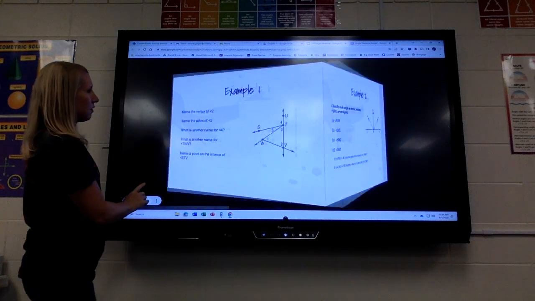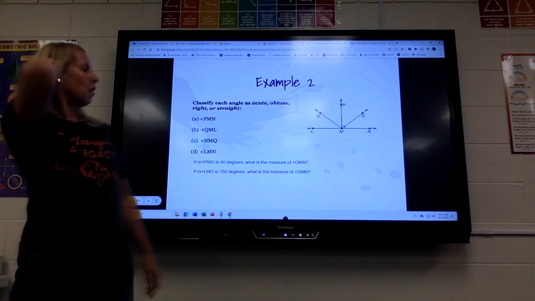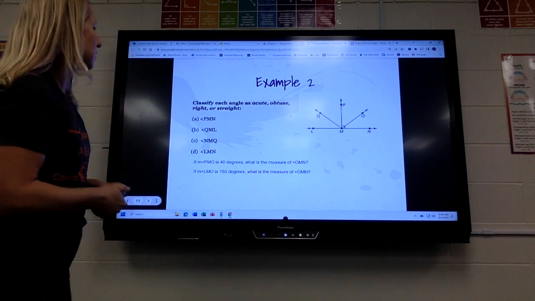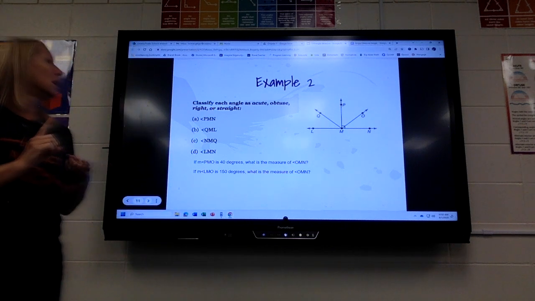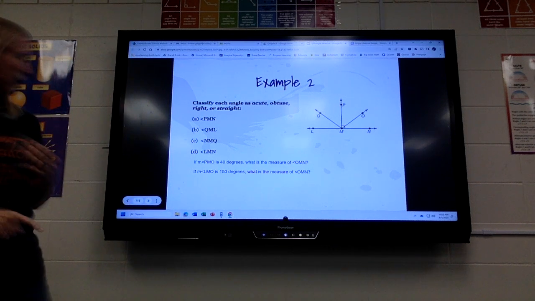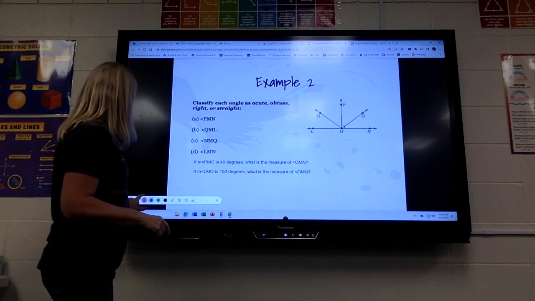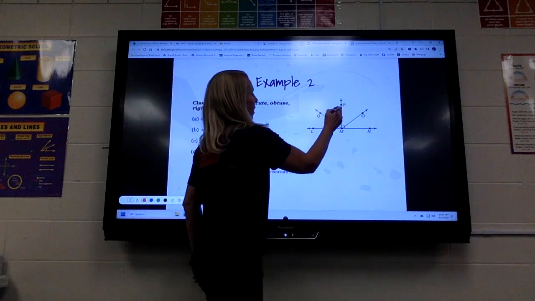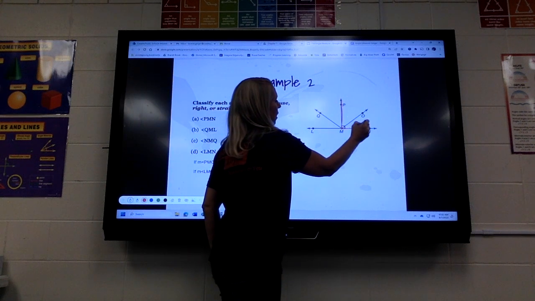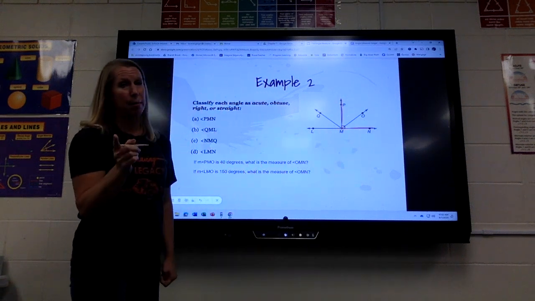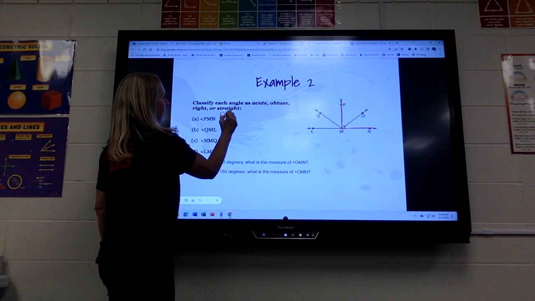Okay, let's see if there's anything else. Oh, so on this one, you're just classifying each angle as acute, obtuse, right, or straight. So let's look at each angle. Angle PMN has that box, so that would be right.